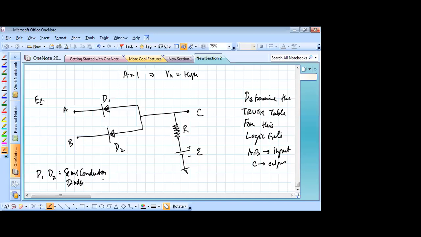You realize that this is one of those 2 basic ones, AND or OR. Now just to understand, make a truth table where you connect each case. For example, if you take the case where A and B are both 0, that means you have to ground both the pins A and B. So see what happens when you ground the pins A and B, and how much will be the voltage of C. Similarly, suppose you're taking the case where A is 1 and B is 0. That means you're connecting A to a high voltage, but B is grounded.